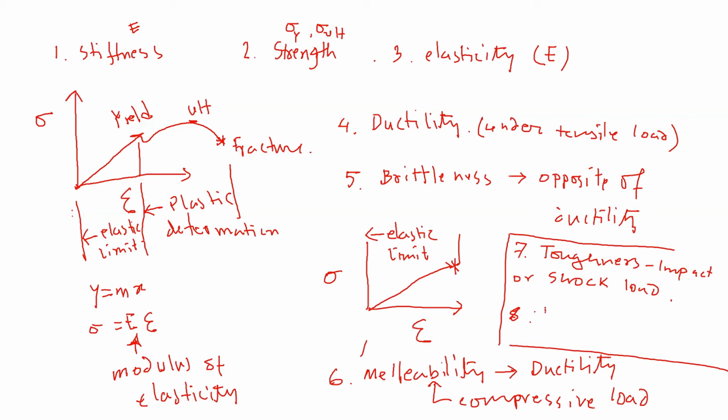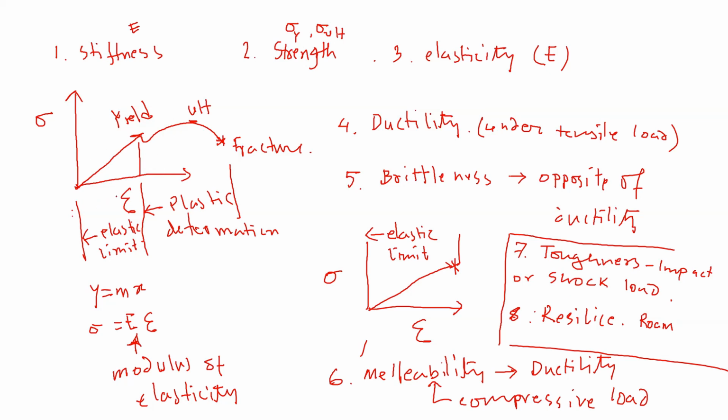Resilience, the last mechanical property, you can imagine something like foam, which can take a lot of high impact loads without going beyond the yield point of the material.